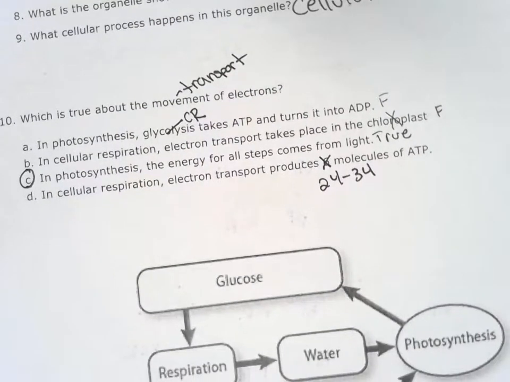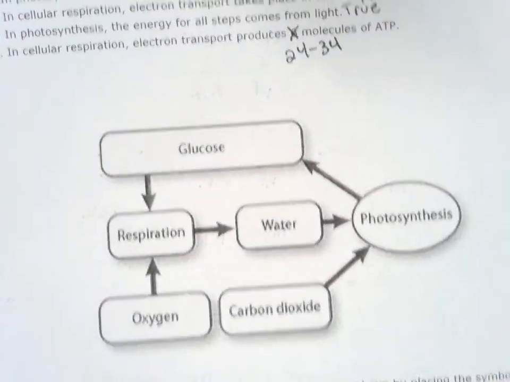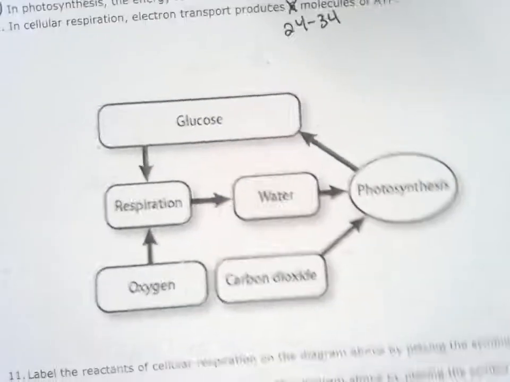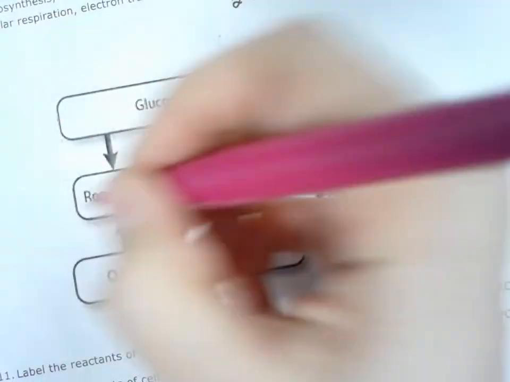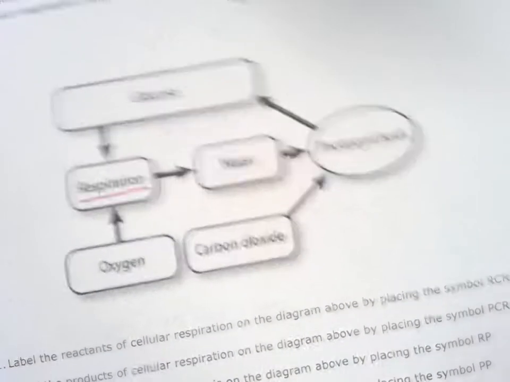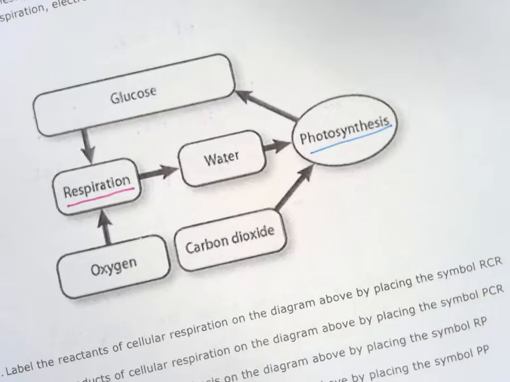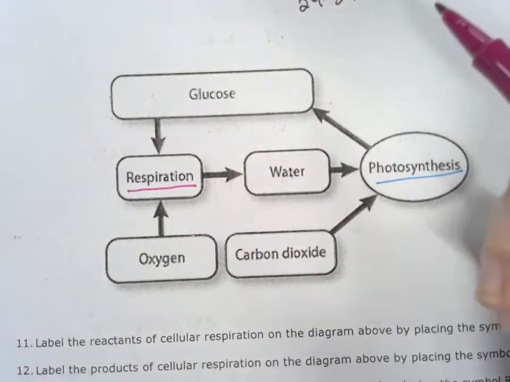All right, so last but not least, we have this diagram down here that is also showing us the relationship between photosynthesis and respiration. I'm going to be labeling them the same colors and the same symbols as I did before. So we're going to first go through the reactants of cellular respiration.